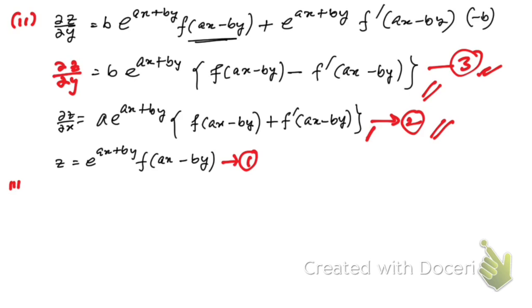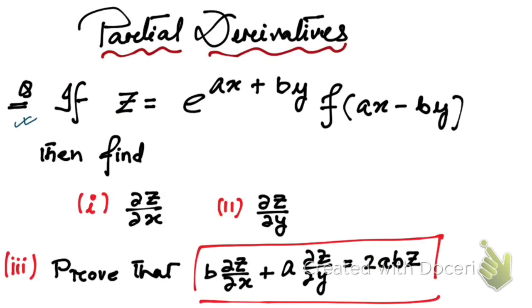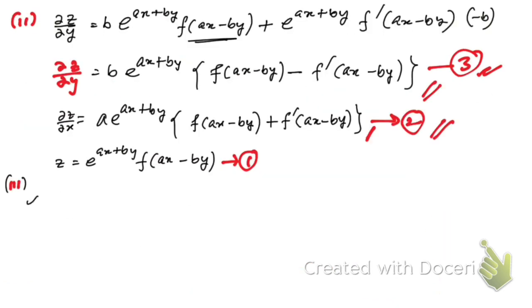So that's it. So now let us take the left hand side. What we need to prove? We need to prove this one. So now let me take the left hand side. What is the left hand side here? You see, the left hand side is b into del z by del x plus a into del z by del y. Now let me use the results of equation number 2 and 3. If we use these results here, then we're going to get b into the result of 2, which is this.